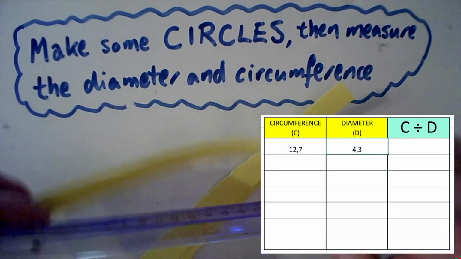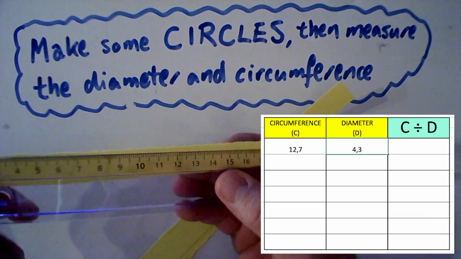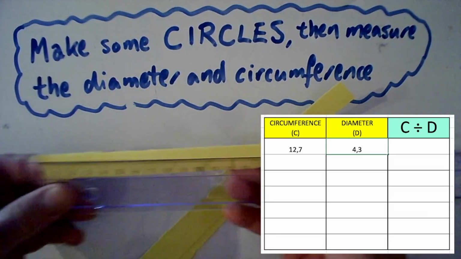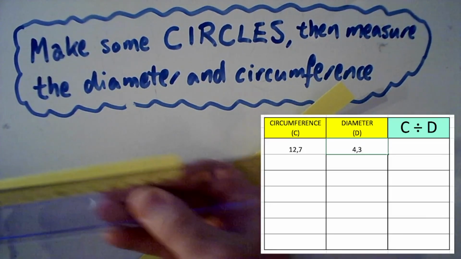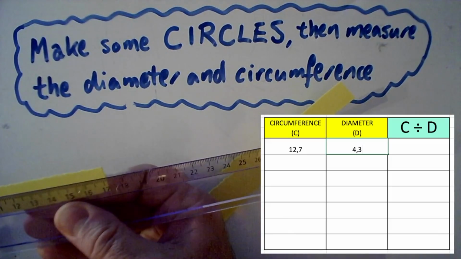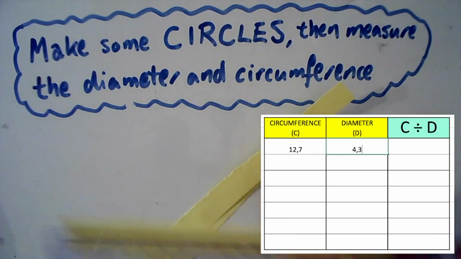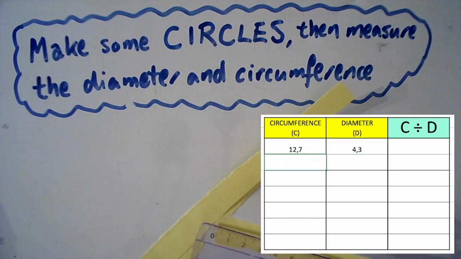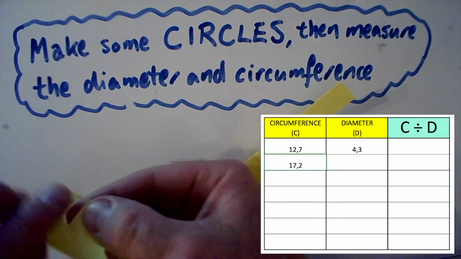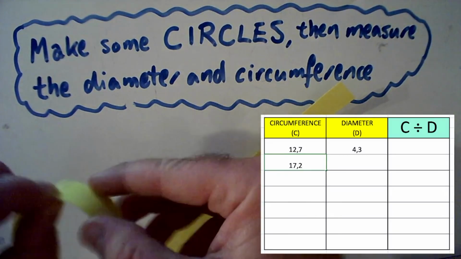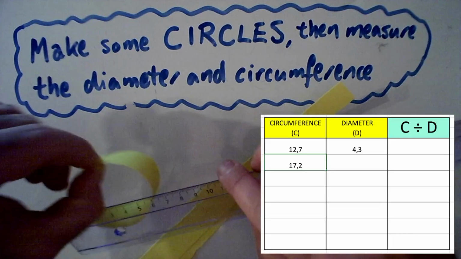This one here. So that one I'm going to call 17.2. So that makes a circle with a circumference of 17.2 once I wrap that up. And then let's see what the diameter of that comes out to be.